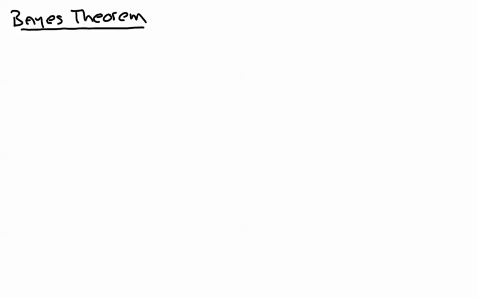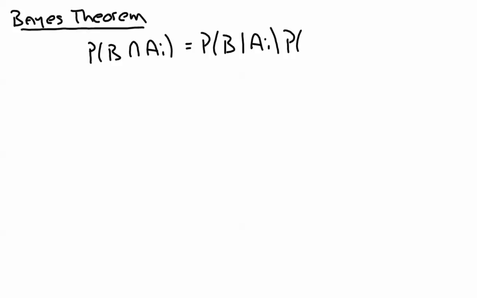First of all, true statement. Probability of B intersect A sub I equals probability of B given A sub I times the probability of A sub I. That's just conditional probability.